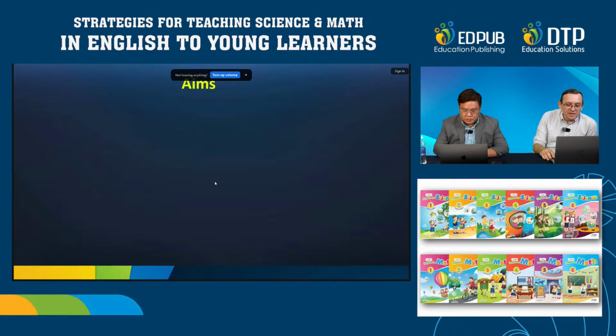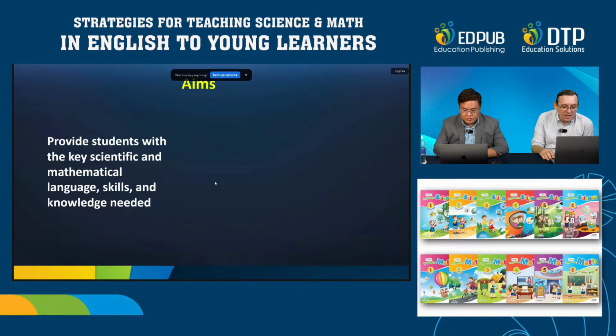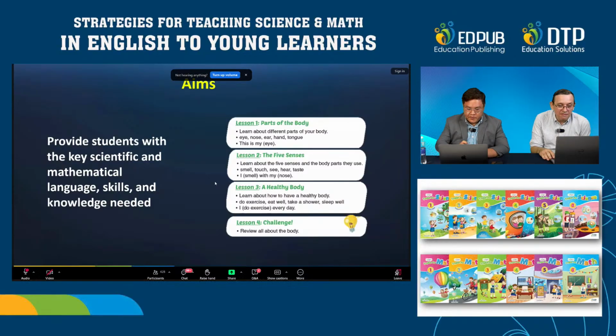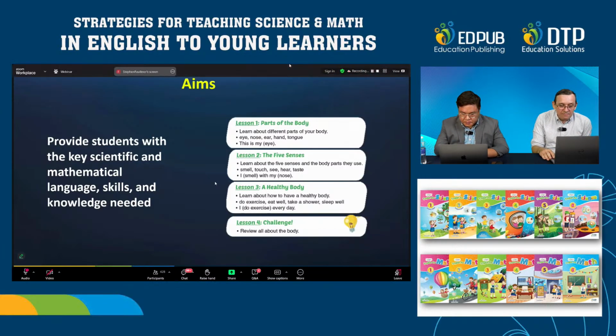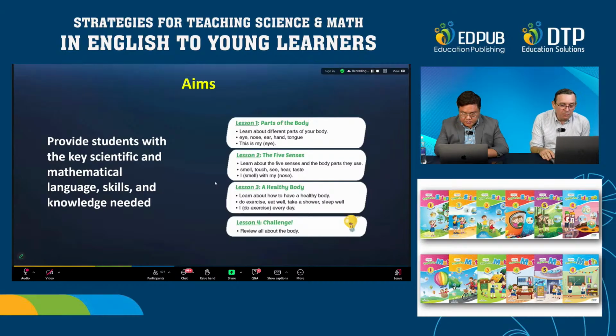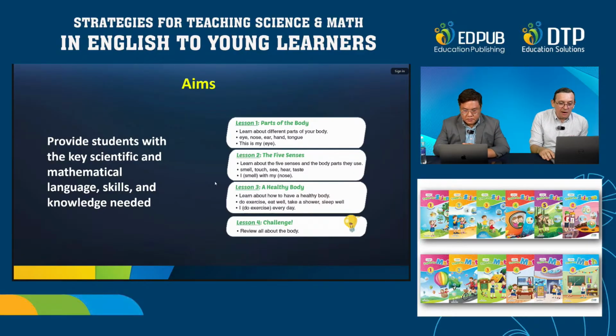So the aims of the series: we want to provide students with the key scientific and mathematical language skills and knowledge they need. We don't aim to cover everything, but we want to cover the main topics, and we want students to be able to use the language they need to help them to understand and describe these topics.